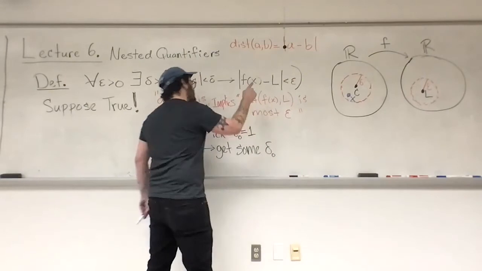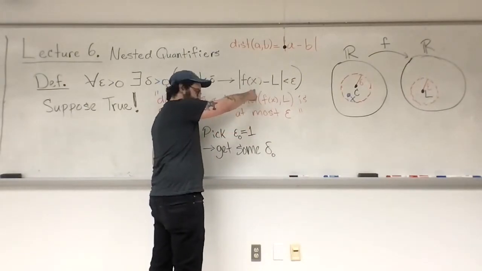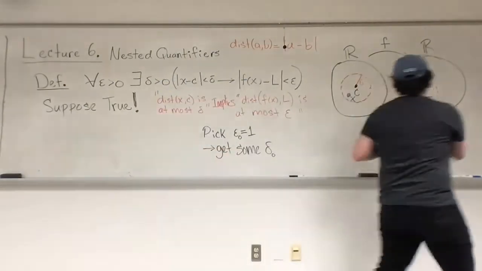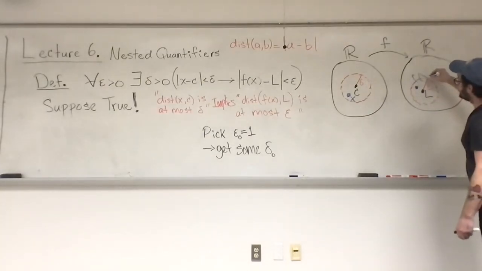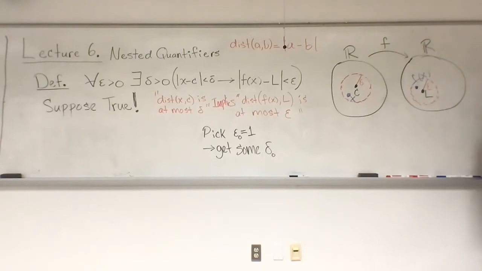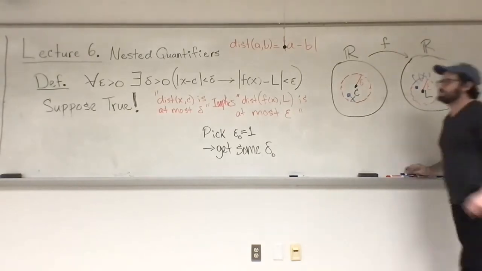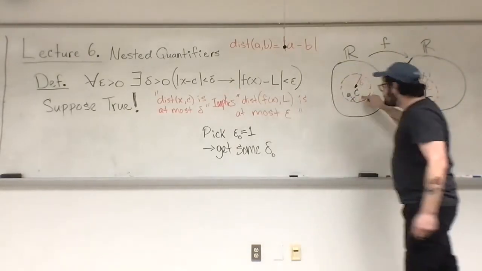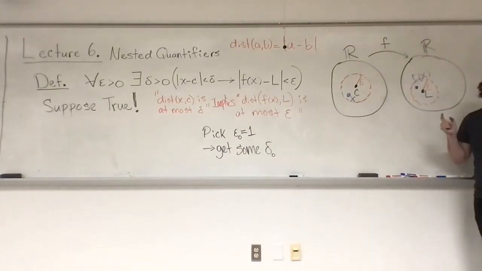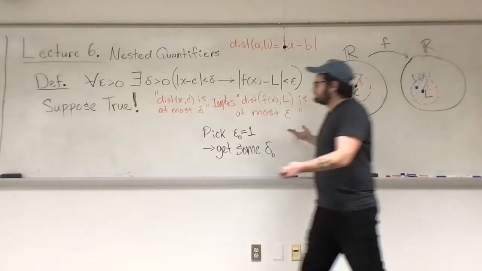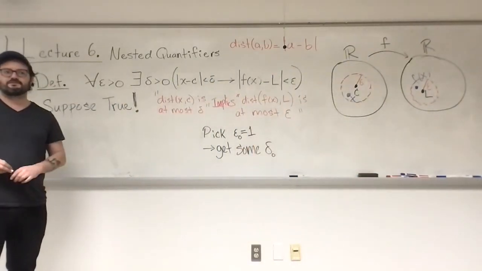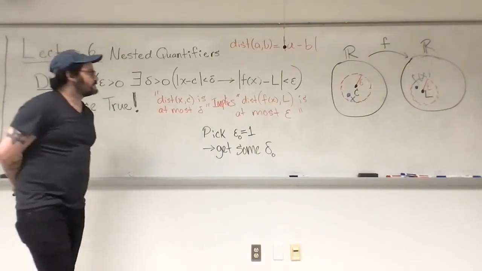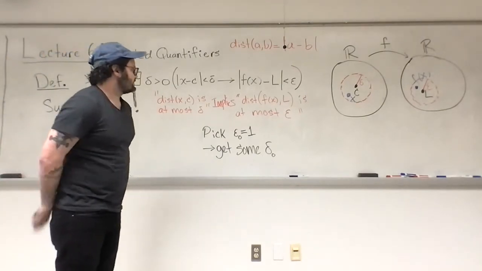It better be in there, right? The blue X better land somewhere in here. That's f of X. It better be in there. If this is going to be a tautology, if I pick anything in there, it better be in there, right? So that's one instance of epsilon. This has to hold for any instance of epsilon, right? So that's a big epsilon.